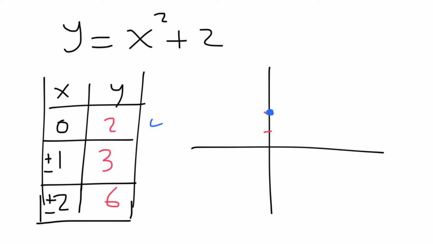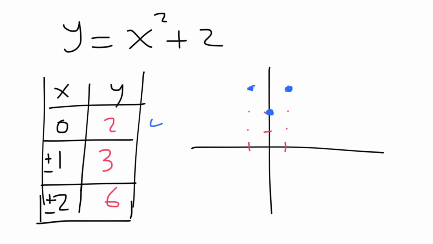When you have 1 and 3, it means you move 1 step to the right, and how many steps up? 1, 2, 3. 3 up. So you get this point here, right? Similarly, when x is minus 1 and y is 3, that means you go minus 1 to the left, and y goes up 3. So you have 1, 2, 3 as well. So you have this point here.